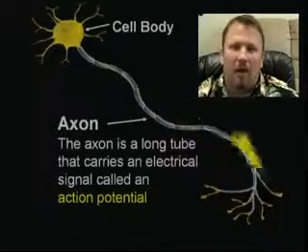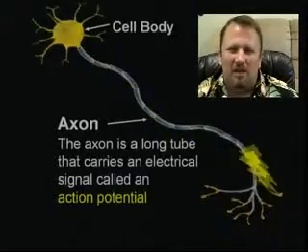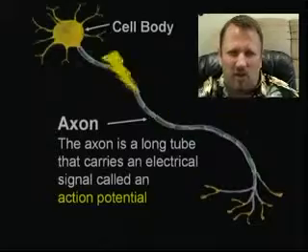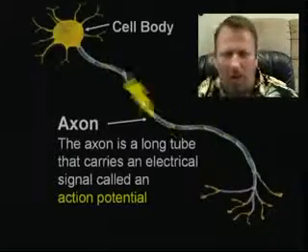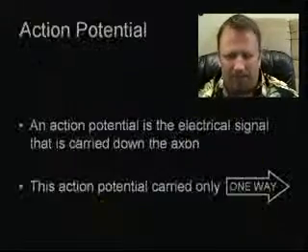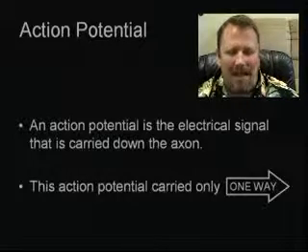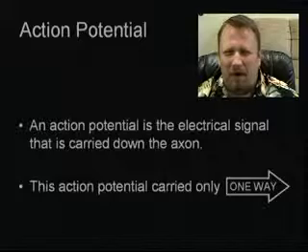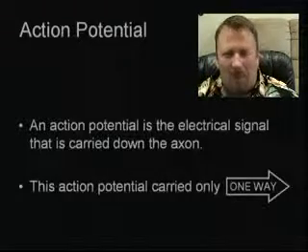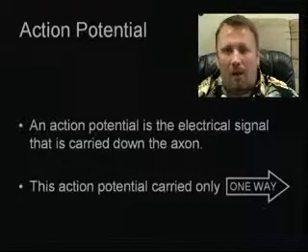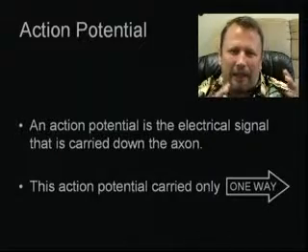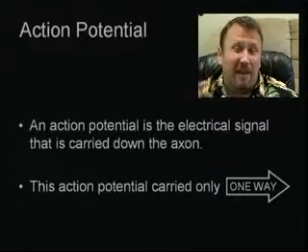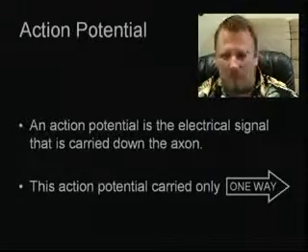So the electrical signal carried down the axon is called an action potential, and that's why I show that lightning bolt going down the axon. Something to keep in mind is an action potential only goes one direction, in this case from the cell body to the end. And so neurons have electrical signals that go down their axons, and those signals only go in one direction.